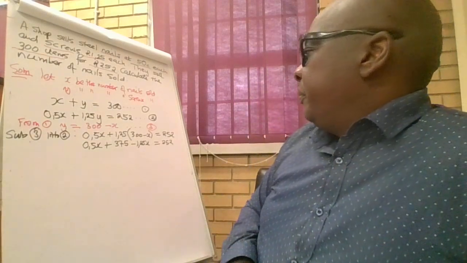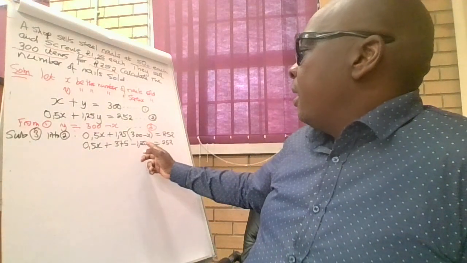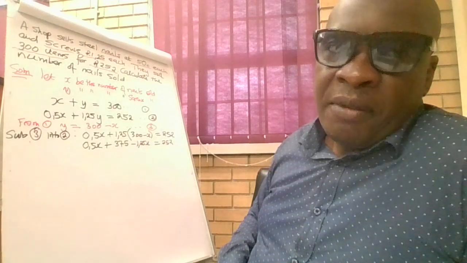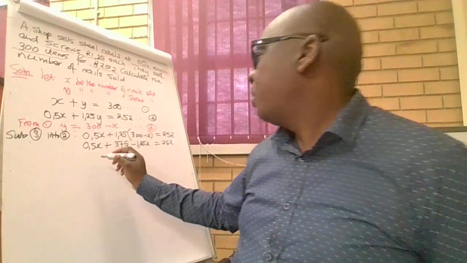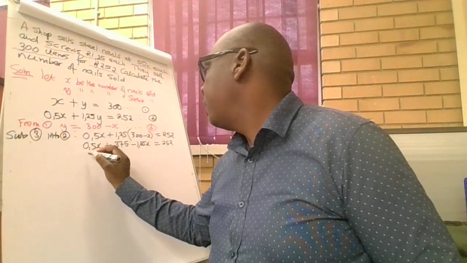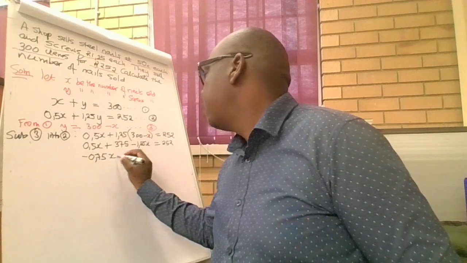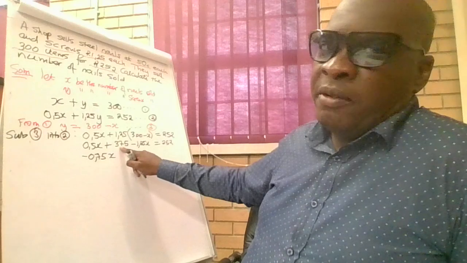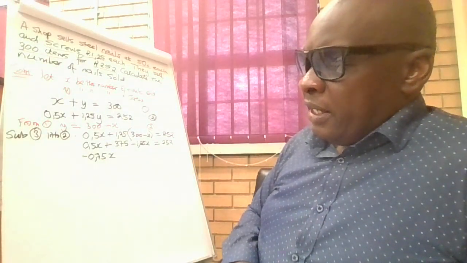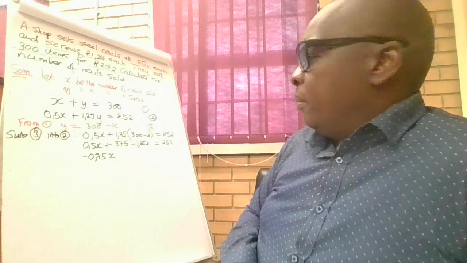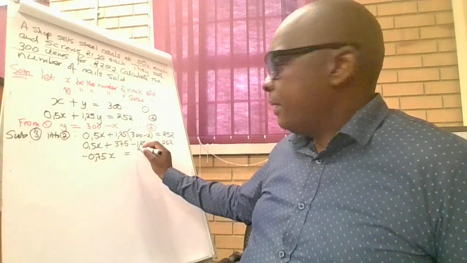So from here, I have 0.5x and minus 1.25x. These are like terms, so I can bring them together. If I bring them together here, I'm going to get minus 0.75x. And if I take 375 to the right-hand side, I'm going to end up with minus 123.